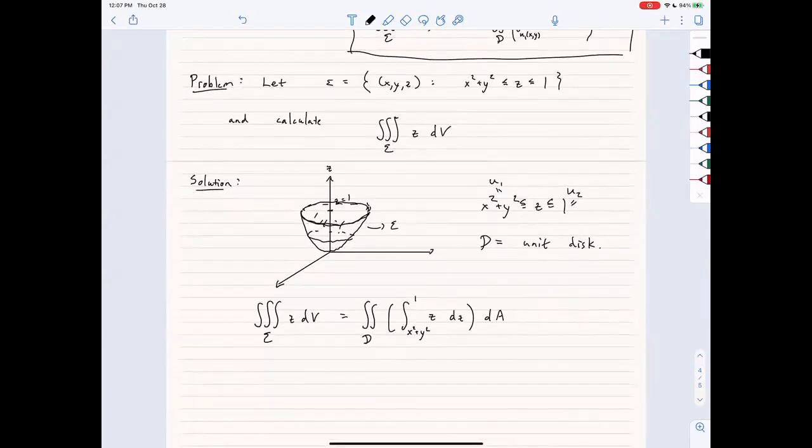Now I can just go ahead and plug away. I get the double integral of z squared over 2, from x squared plus y squared to 1.